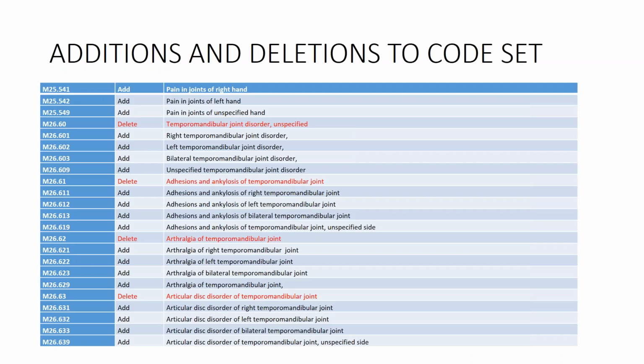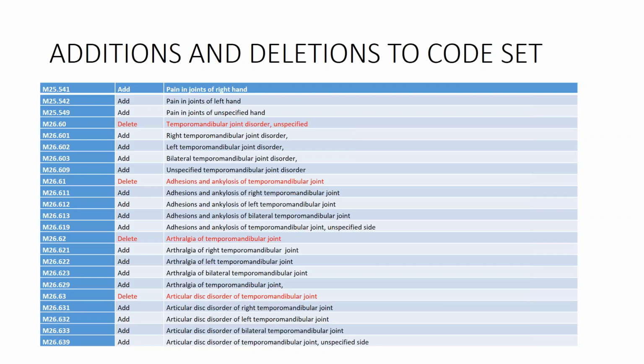All right, so what I'm going to show you now is just a smattering of probably the most common or most significant changes that would apply to chiropractors. For those of you who are code geeks and have an entire ICD-10 code book, there are 21 chapters, and the chapter that deals with musculoskeletal conditions is chapter 13.